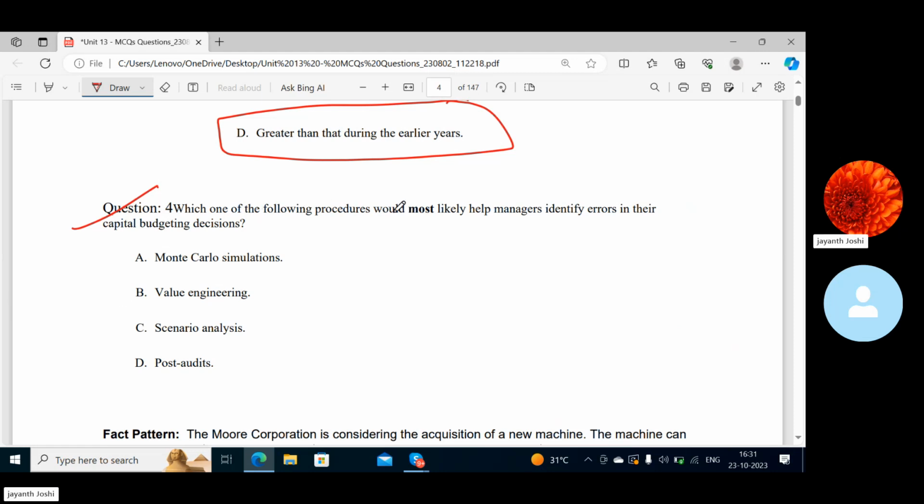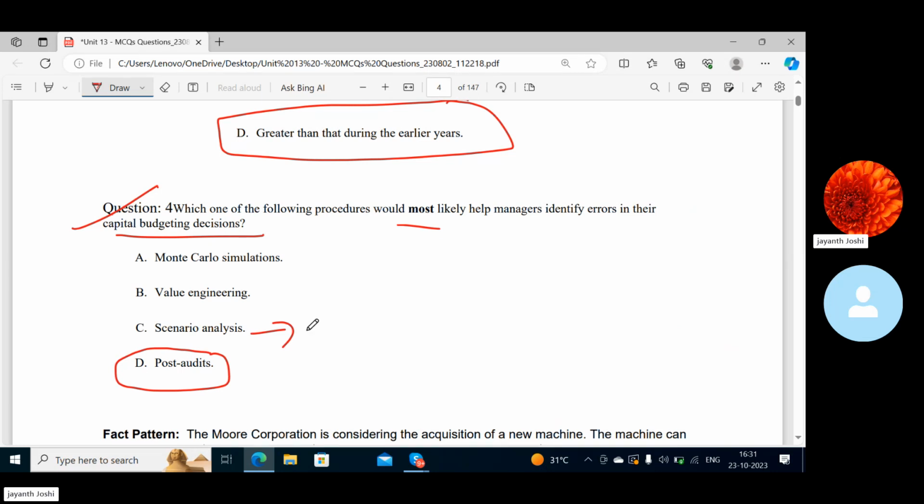Which one of the following procedures would most likely help managers identify errors in their capital budgeting decisions? Post audits. But scenario analysis is for risk actually.